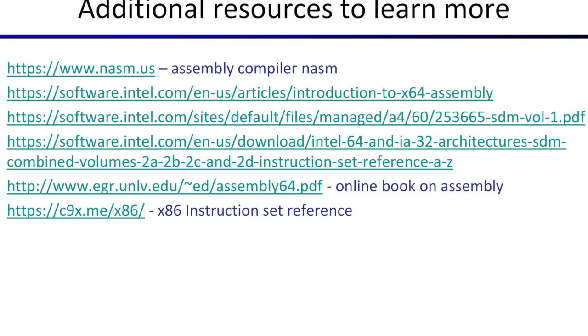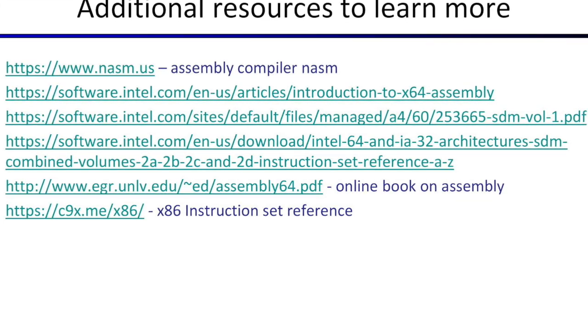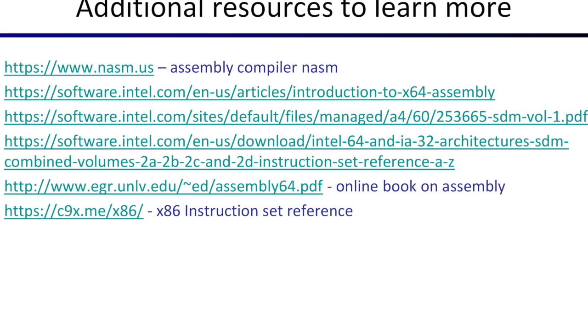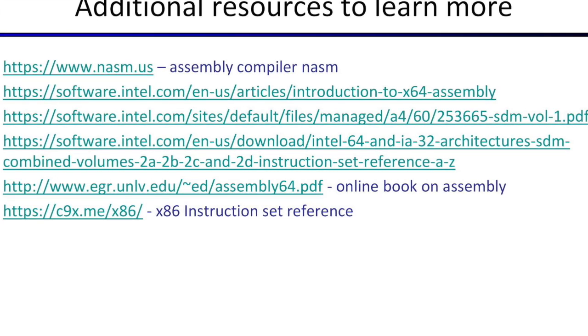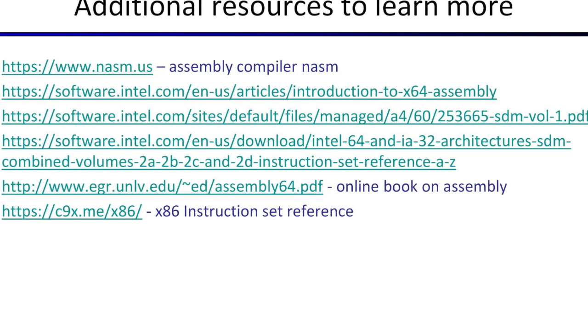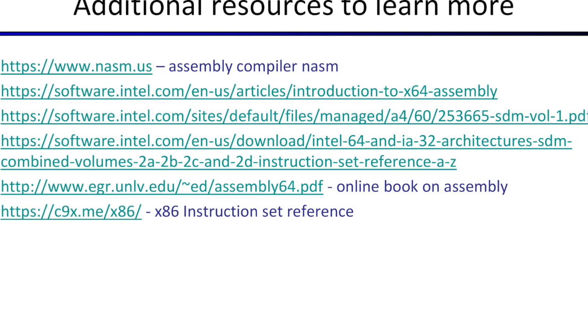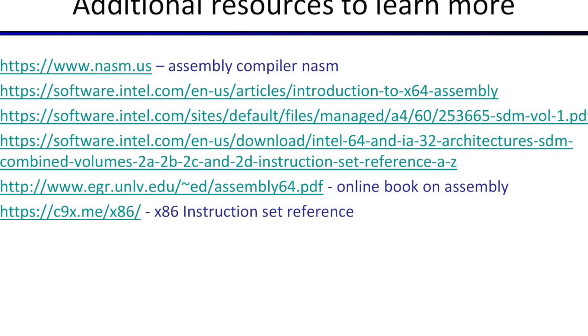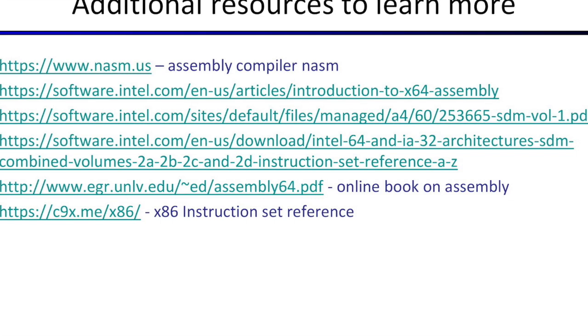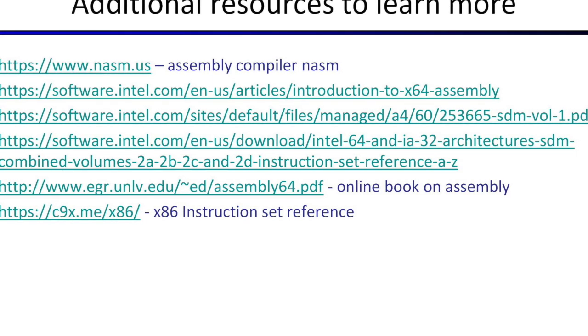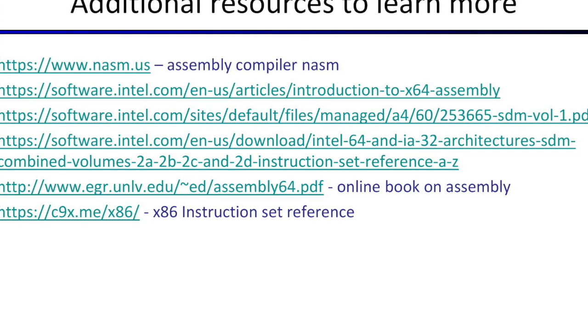I also found a good reference that I've linked here, which is a book on assembly. It's really nice. It's free. You can just go to that link and read more about the language. I also found the same data that you have on the Intel sites in a more easily consumable format on another website. So I just put a link there for reference. But you can use these or other references if you want to do more in assembly.